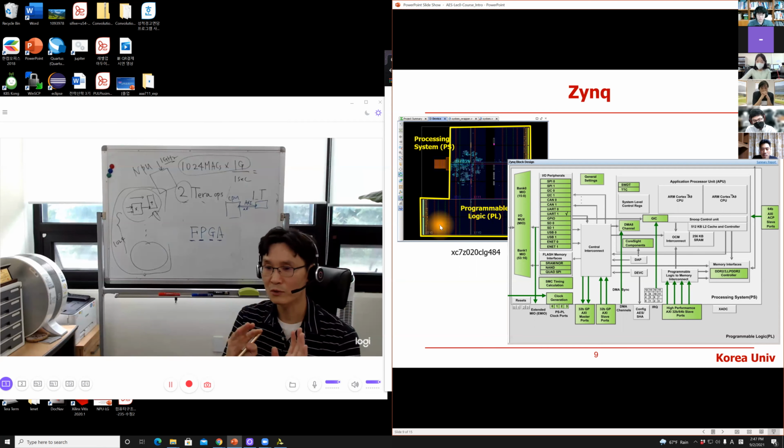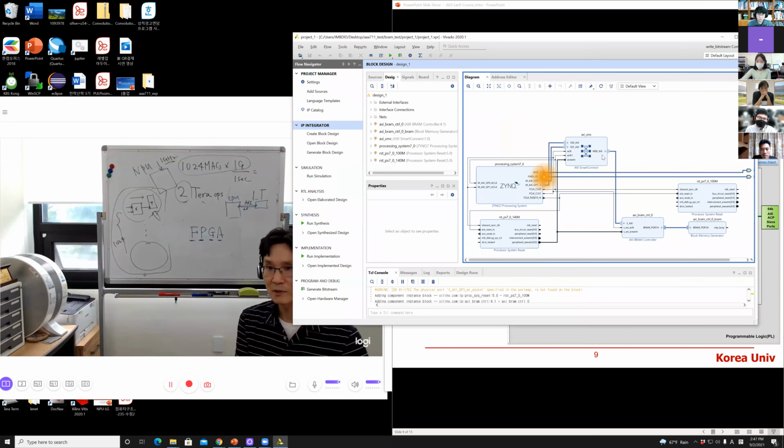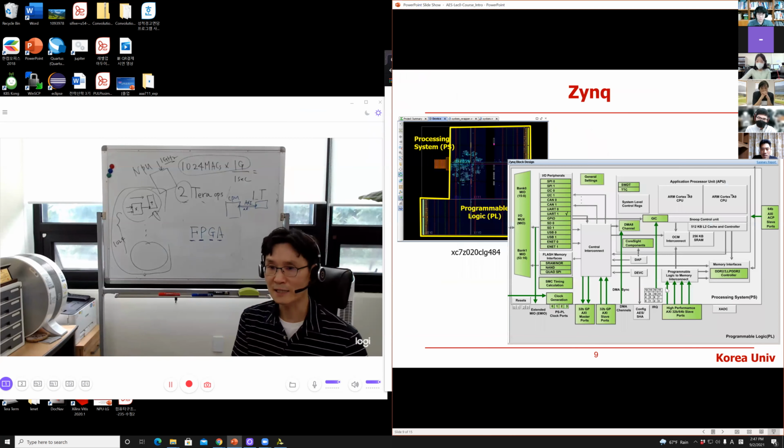From your computer, you are going to download these five components into the PL section, this yellow PL part. So that is mapped here, and PS and PL are interacting.